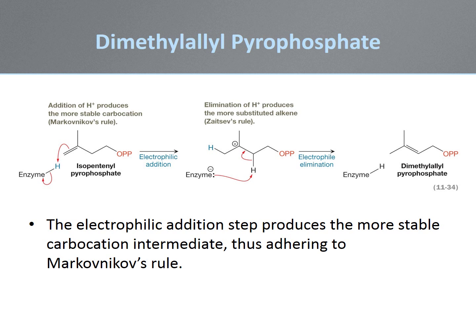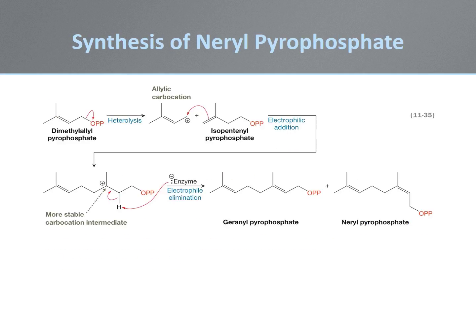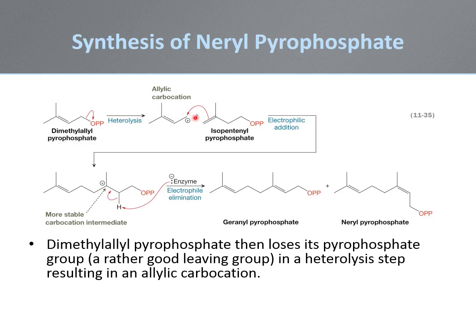Isopentenyl pyrophosphate is enzymatically protonated and then deprotonated to generate dimethylallyl pyrophosphate. This leads to a more stable double bond in the biomolecule. Dimethylallyl pyrophosphate loses the very good pyrophosphate leaving group to form a resonance stabilized carbocation.